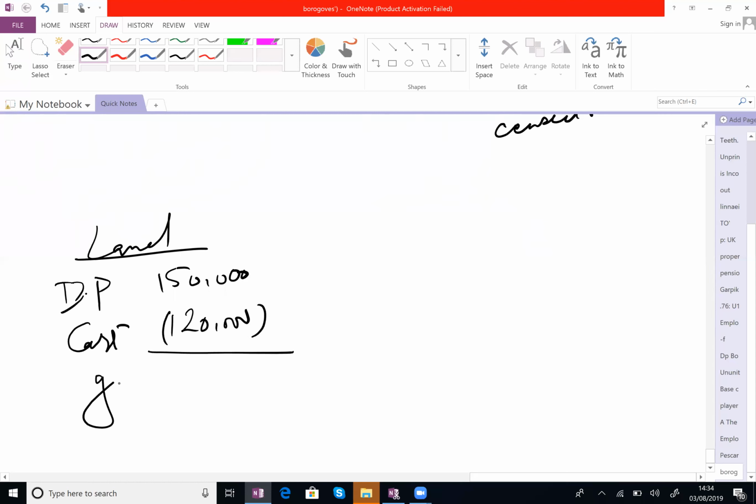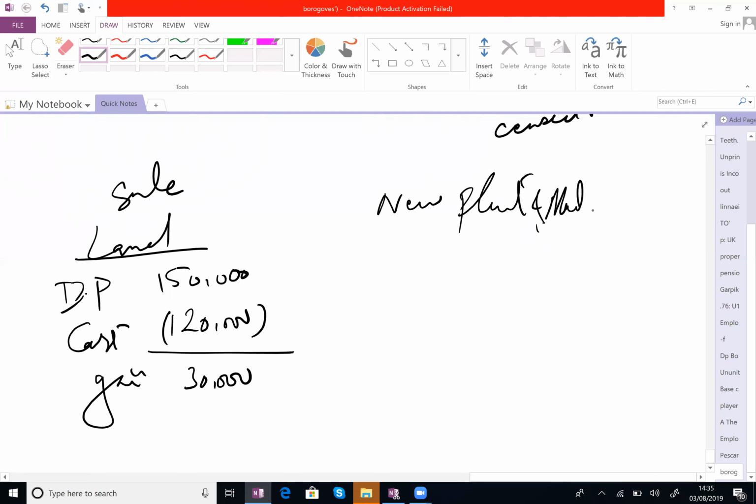So the chargeable gain on the land is 30,000. Now when you sell this land, you purchase new depreciating plant and machinery. The cost of the new plant and machinery is, for example, 125,000.